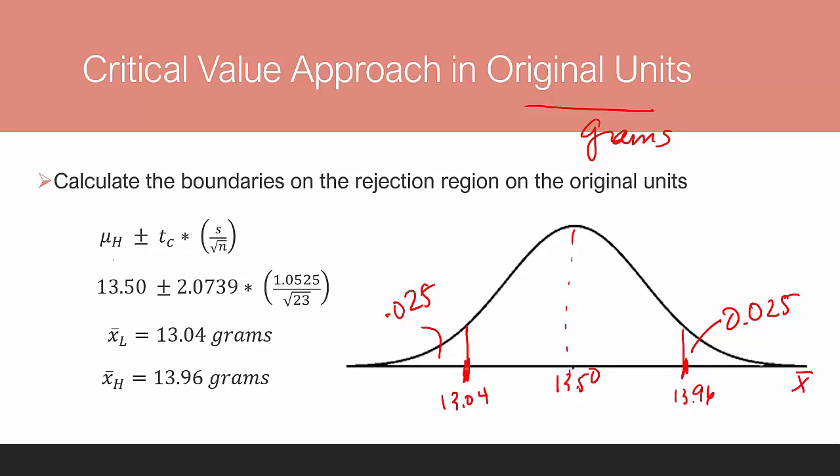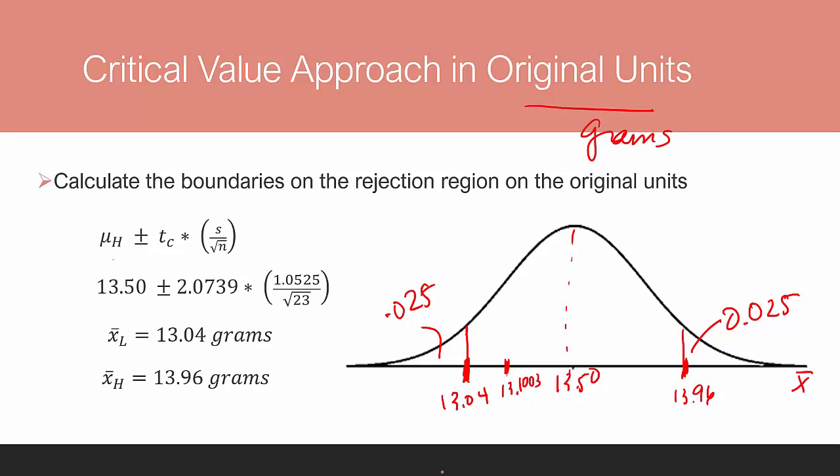So we've got this lower boundary, 13.04, this upper boundary, 13.96. If we're inside this range, we would not reject the null hypothesis. If we're outside that range, we would say we need to adjust the machines. We're going to reject the null hypothesis. For our example, we're at 13.1003.